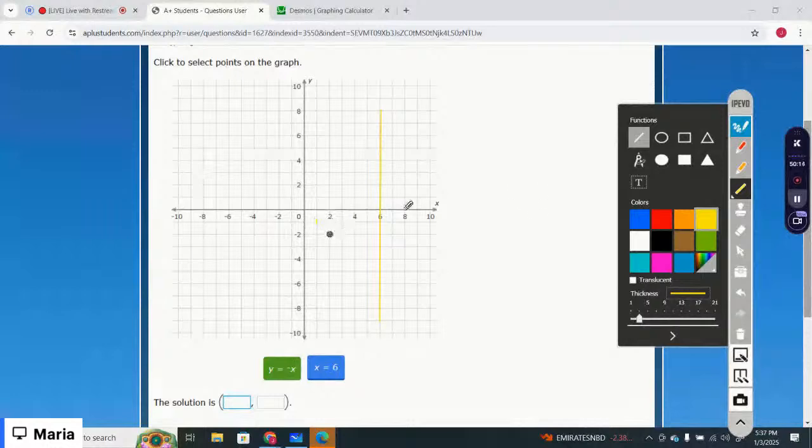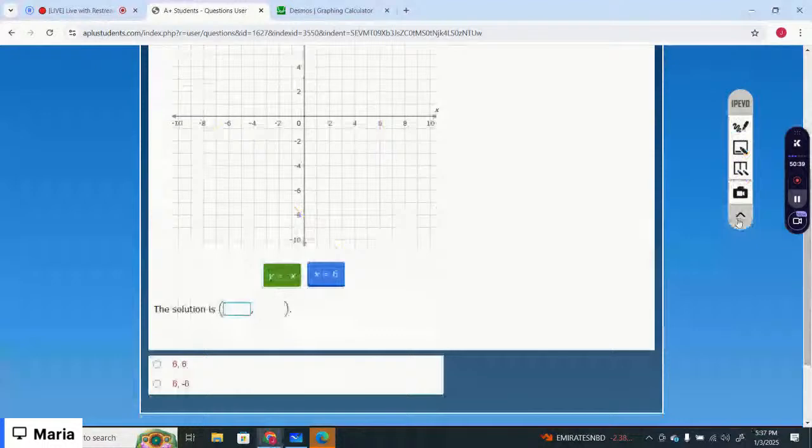X equals 2, y equals -2. The line goes like this. So here is the point of intersection. That is 6 and -6. So the correct option is 6 and -6. Option number 2 is the correct option. That's what you have to do.